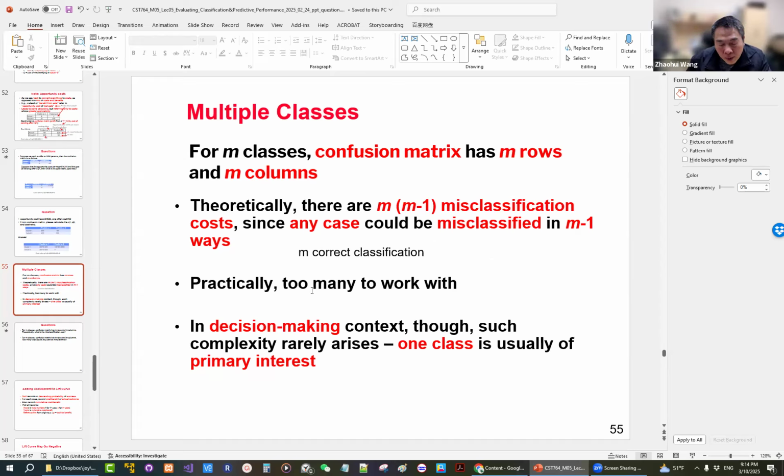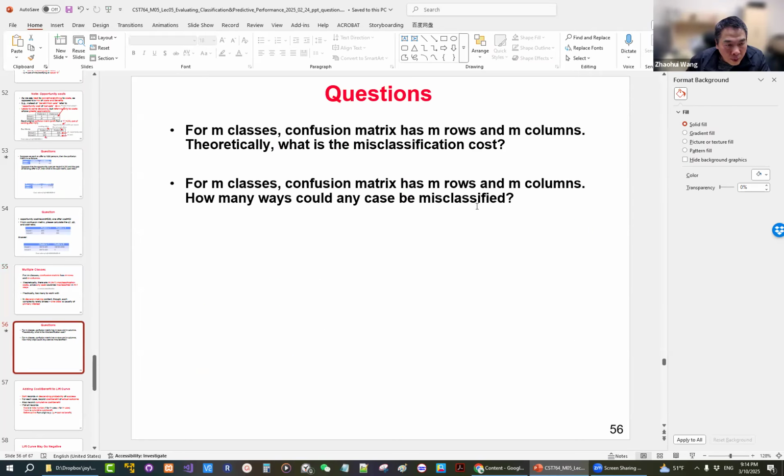So it's too many calculations. We are usually interested in just one class as the primary interest. So here is the question: M classes, the confusion matrix has M rows and M columns.